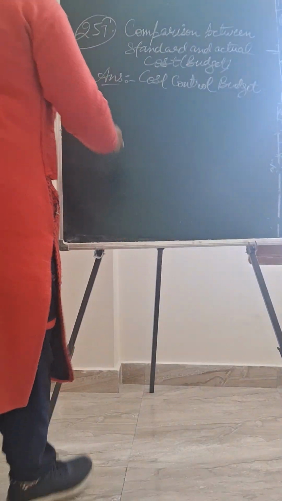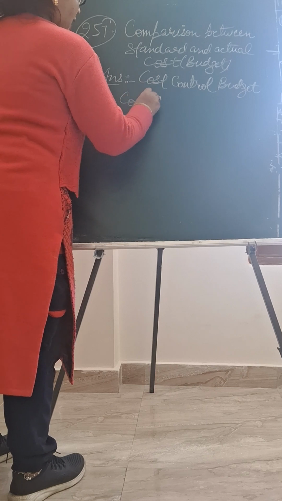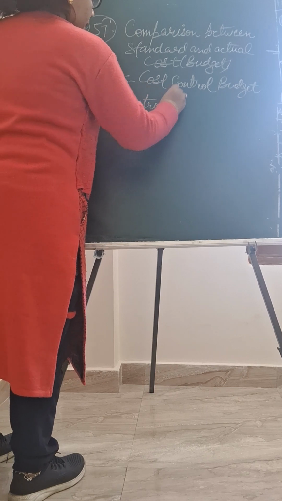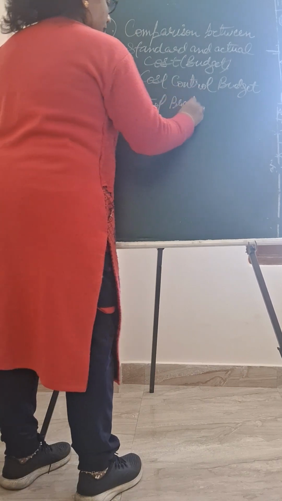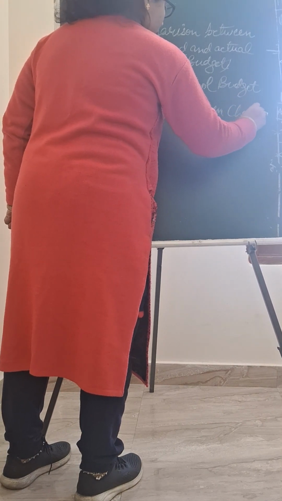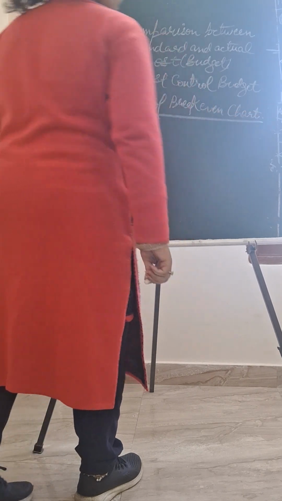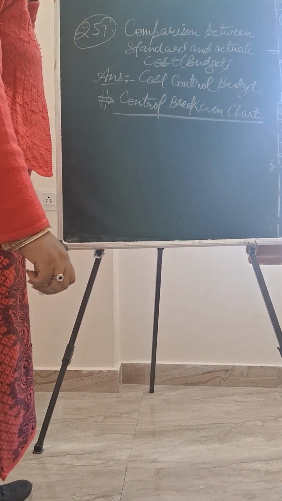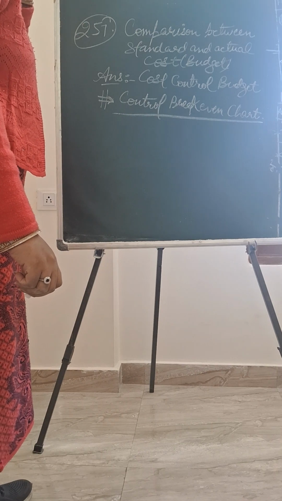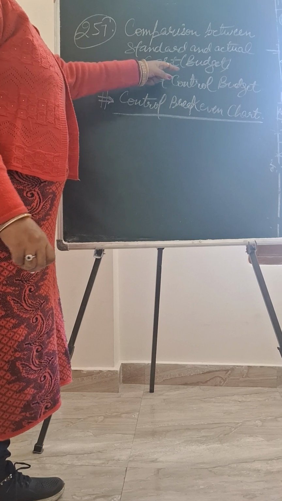Control break even chart is also called where there is comparison between the standard and the actual cost of budget.